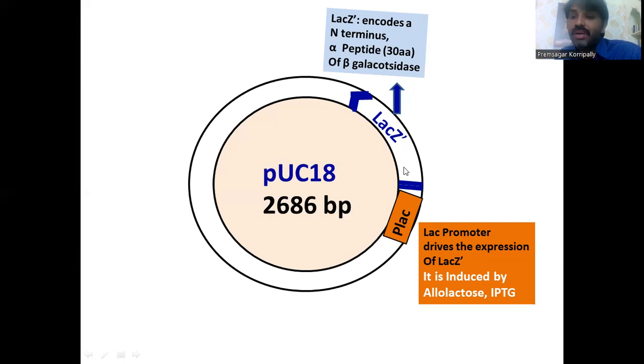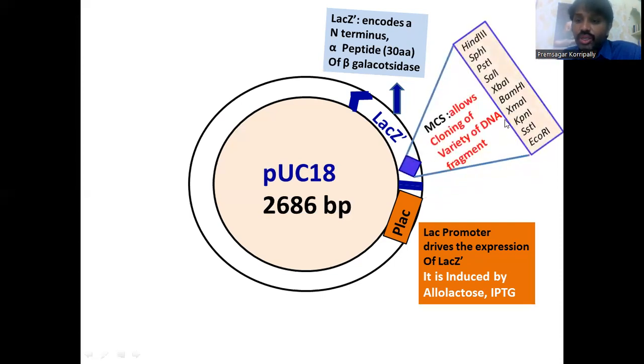And in the lacZ prime region, there is a short region called MCS, multiple cloning site, or polylinker. So these sites provide a larger number of restriction sites. You see EcoRI, SstI, KpnI, SmaI, BamHI, XbaI, SalI, and you see PstI, SphI, and HindIII, so many.